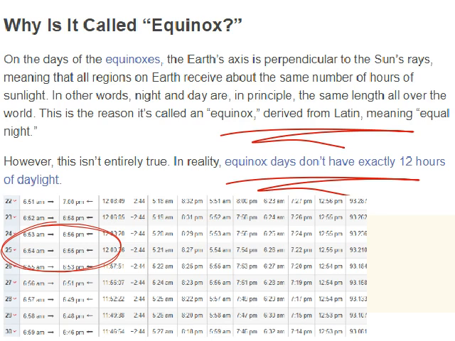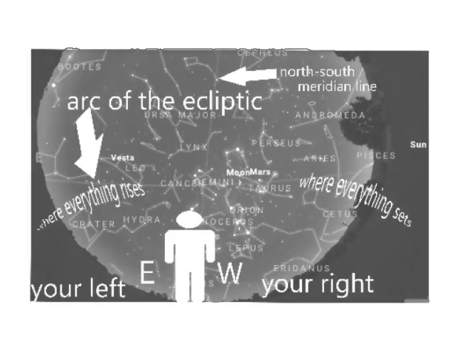So in this year of what we are doing this video in right now, 2021, the fall equinox falls on September 22nd. But in actuality, the more equal daytime to nighttime hours occurs 3 days afterwards on September 25th.